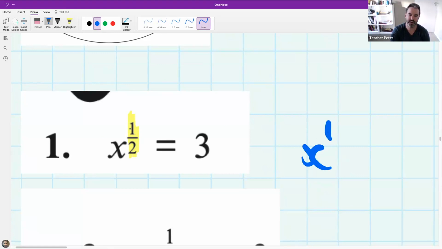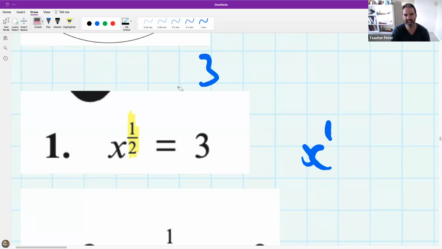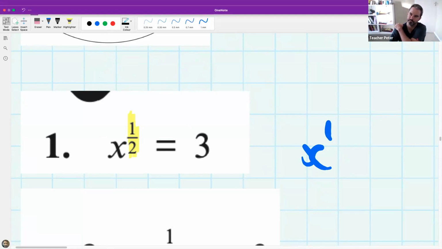And so I have to find a way of undoing the power of a half. But remember, the power of a half is the same as a square root. Now, what undoes square rooting?